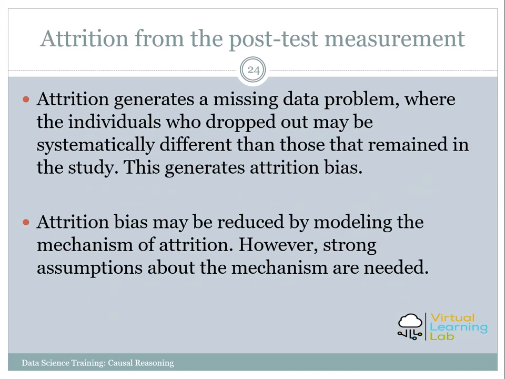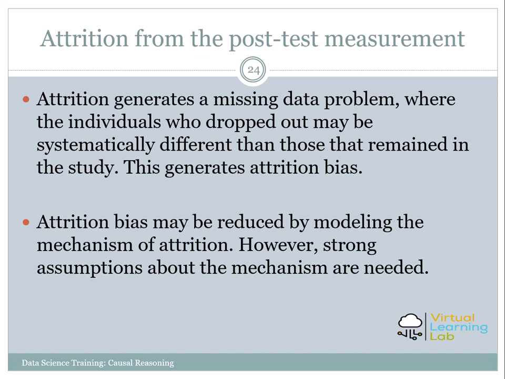Attrition not only generates a missing data problem, but also can generate bias if individuals that stay in the treatment are systematically different from those that leave for reasons that relate to the outcome. So, for example, if it's an intervention aiming at math ability, and individuals with low baseline math ability are more likely to leave the treatment, that would cause bias.